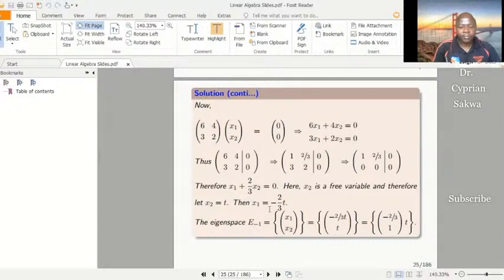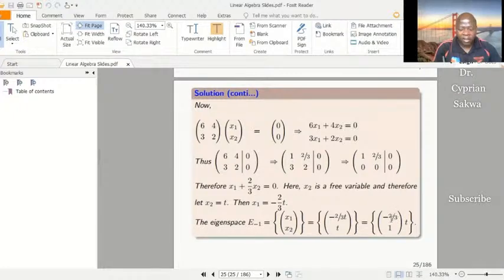So the eigenspace, we said, is the set of all the eigenvectors corresponding to a given eigenvalue. So it is the set of this. These are all the eigenvectors, which you can also factor like this. But remember at this point, I said you can even multiply this one by 3 and multiply this one by 3, because 3 is the denominator.